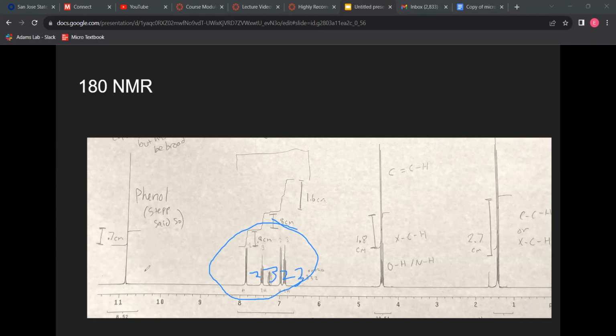Next on the NMR, I noticed a very strong peak around 11. My first thought was that it was carboxylic acid. So I asked the instructor, she said that this peak is actually phenol, which means that there is an alcohol attached to my aromatic ring.